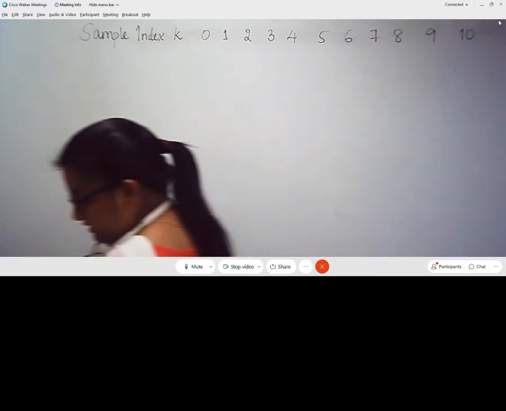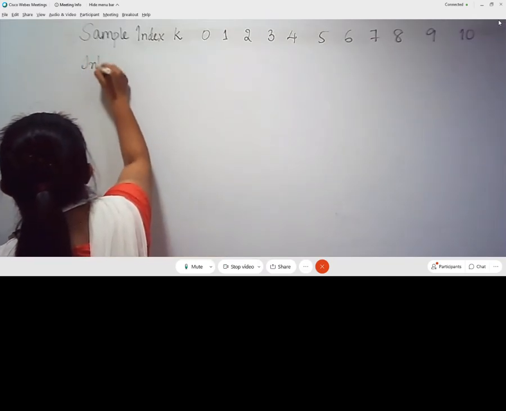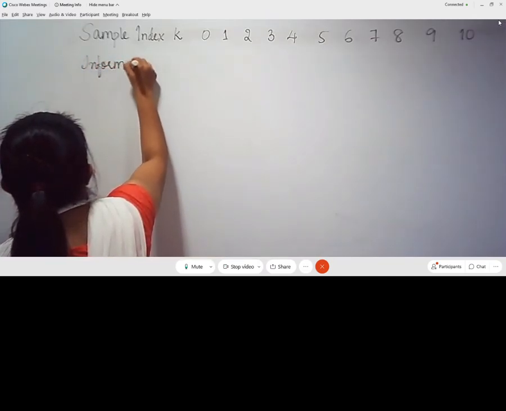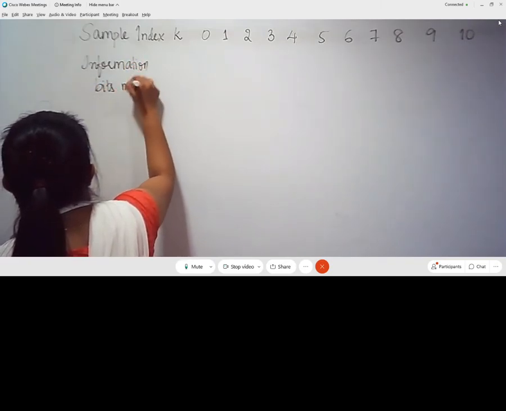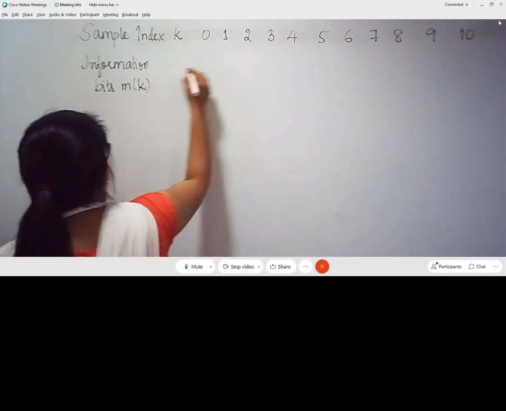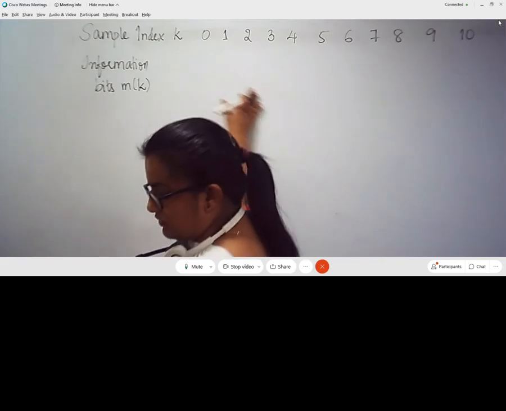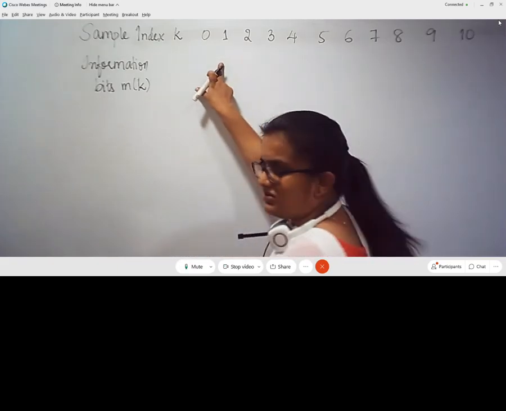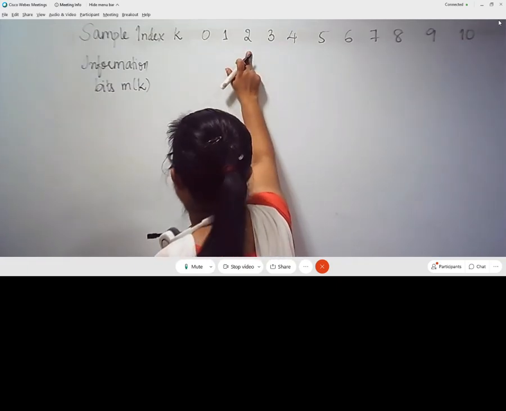So this is the time reference for you, and the information bits will be represented as m of k. m of k will not start with the zeroth, which we call the reference; we usually start with 1.